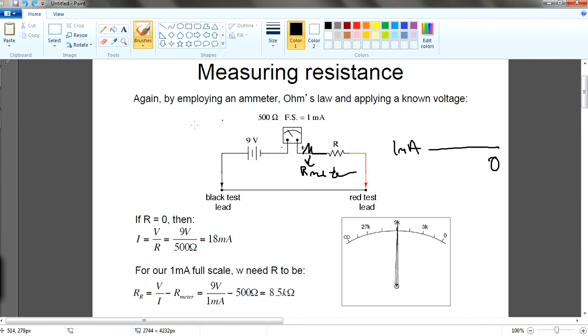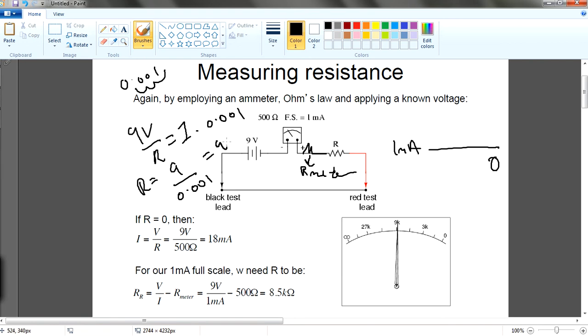So if you have 9 volt, V over R equals I. To ensure that you have 1 milliamp, which is 0.001, you want to find your R, so you have 9 divided by 0.001. In this case, you have 9000 ohm over here.